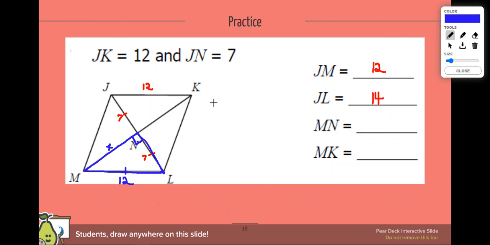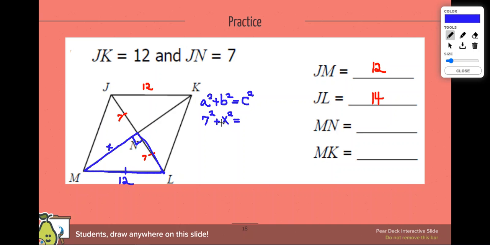So we can set it up using the Pythagorean Theorem. Remember, that's a squared plus b squared, where a and b are the legs of the triangle that form the 90-degree angle, is equal to c squared, which is our hypotenuse, or the longest side opposite the 90-degree angle. We've been given one of the legs, that's 7 squared, and we don't know the length of the other leg, that's going to be our x squared.